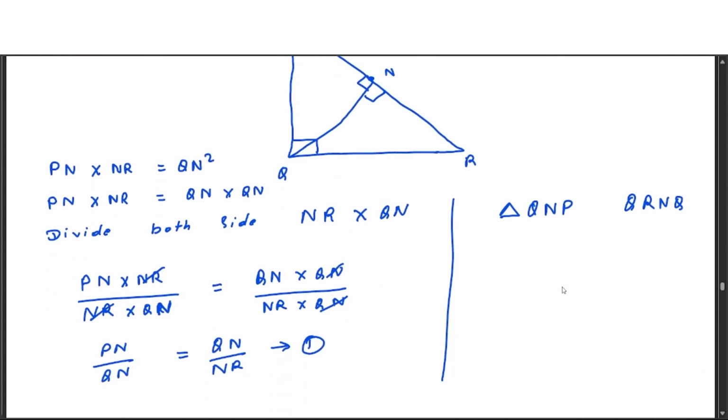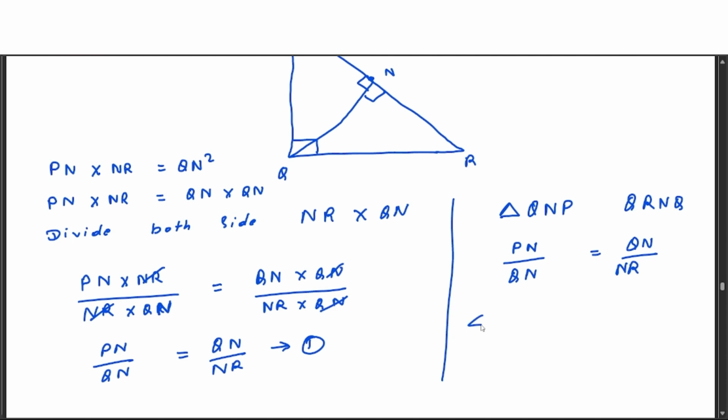Based on that you have to prove the similarity. So we can say here PN over QN is equal to QN over NR. So these two sides are in the corresponding ratio.